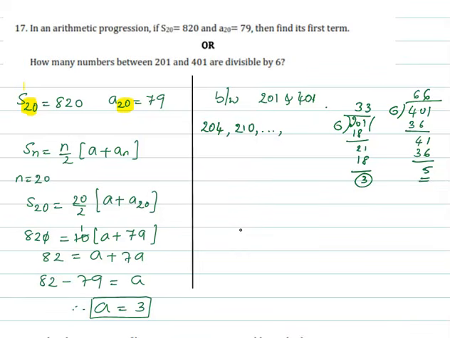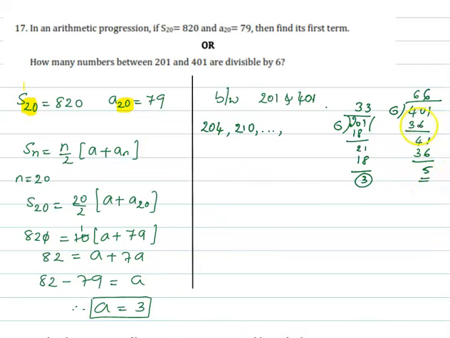I can make 401 divisible by 6 by adding or subtracting something. But if I add to 401, it will give a number more than 401. So in this case I can't add, I need to subtract. What do I have to subtract? I have to subtract 5 here.